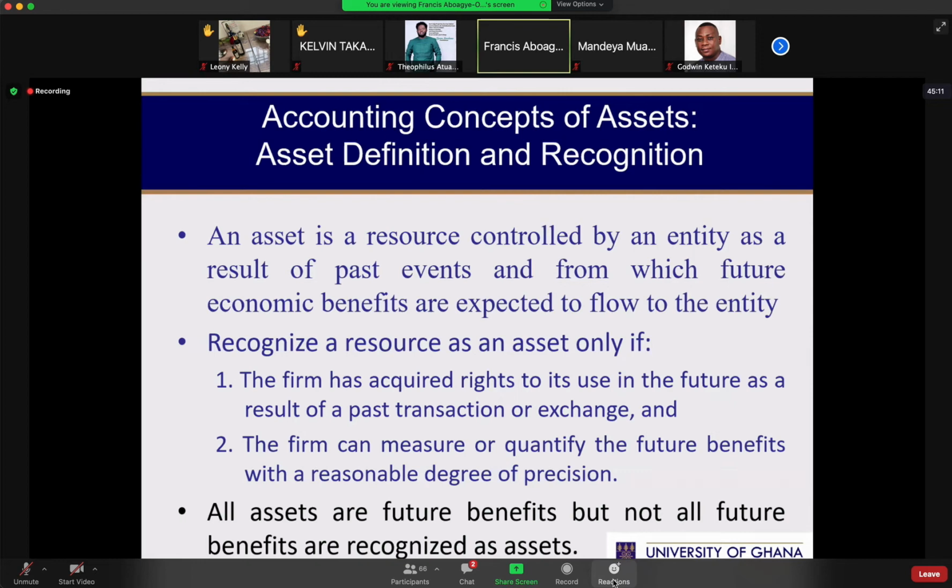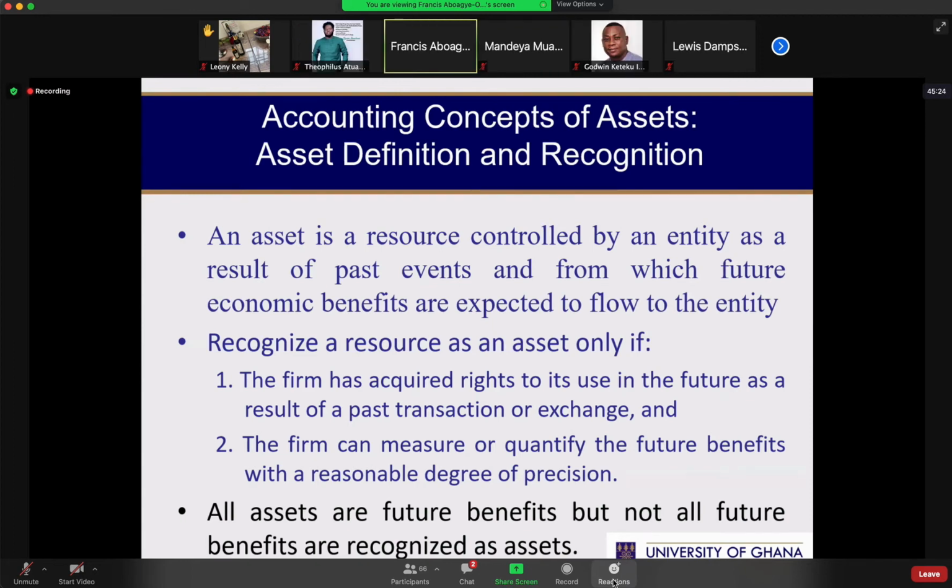The lessee has the right to use. So here we're not talking about ownership rights, we are talking of property rights. When you enter into a lease, what the lessor has will be the unpaid lease rentals, which they will recognize as their assets, not the specific asset that is under lease.